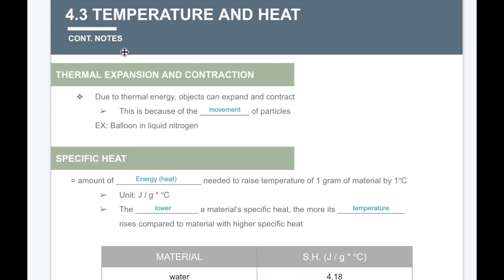We see this happening in real life situations with things like cars. If you're able to drive a vehicle, you might notice that during the winter time, your light might come on that says you have low pressure in your tires, and it's not because you have a leak in your tire necessarily.